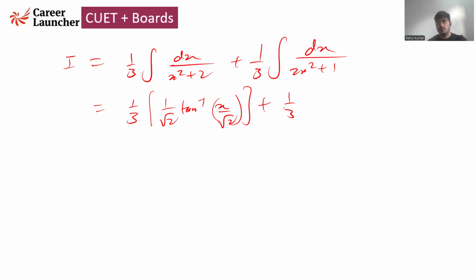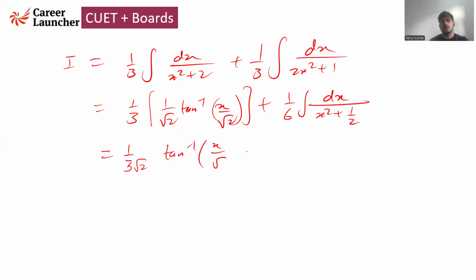And here you take out 2 common, which makes 1 by 6 as the final factor, and the integral is dx divided by (x squared plus 1 by 2). Now you can easily integrate this one because it is a tan inverse kind of integral.